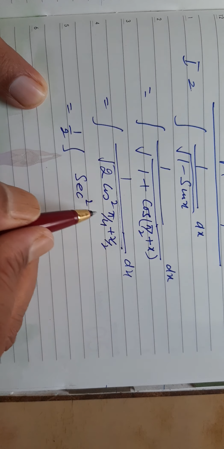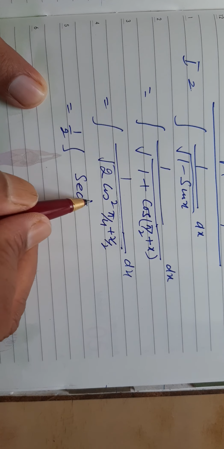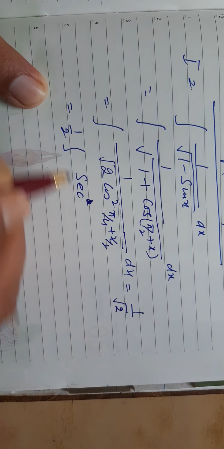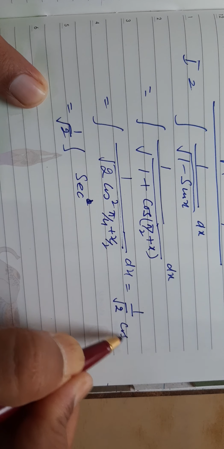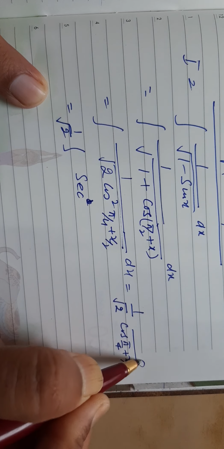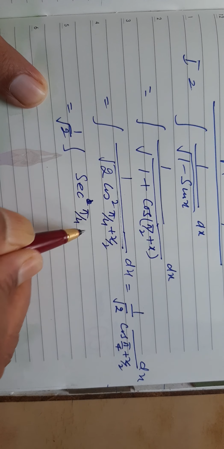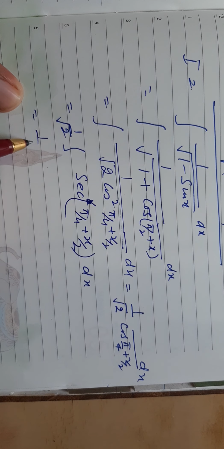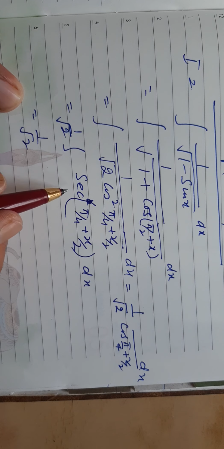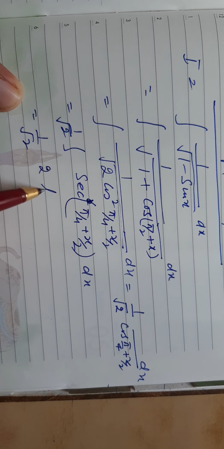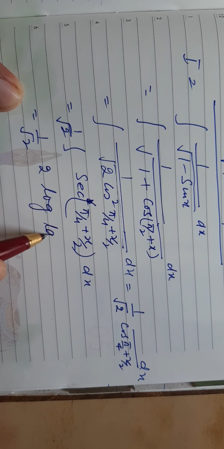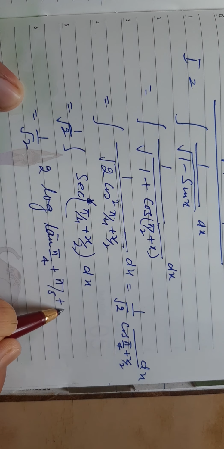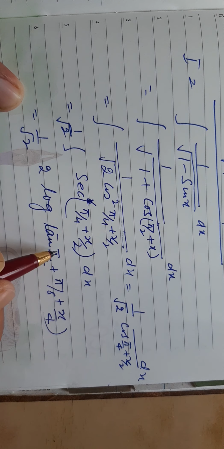We are left with 1 upon under root 2 into cos of pi by 4 plus x by 2 dx, and 1 upon cos is secant of pi by 4 plus x by 2 dx. 1 upon under root 2 we take outside, and the integration of secant is equal to log tangent of pi by 4 plus pi by 8 plus x by 4, plus c.